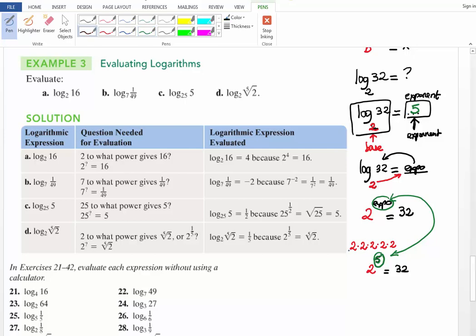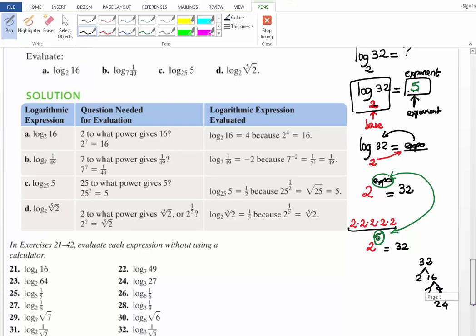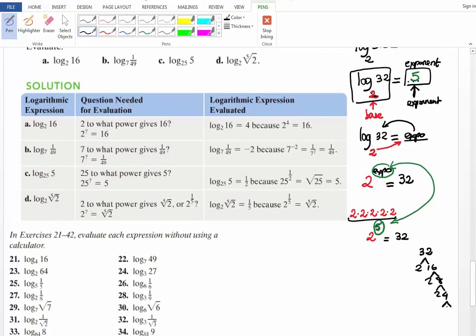If you didn't like the way I built up to 32, you could do this. You could take 32 and say it's 2 times 16, which is 2 times 8, which is 2 times 4, which is 2 times 2. So you could notice that 32 is a bunch of 2's multiplying each other. So we have 32 is 2 times 2 times 2 times 2 times 2.